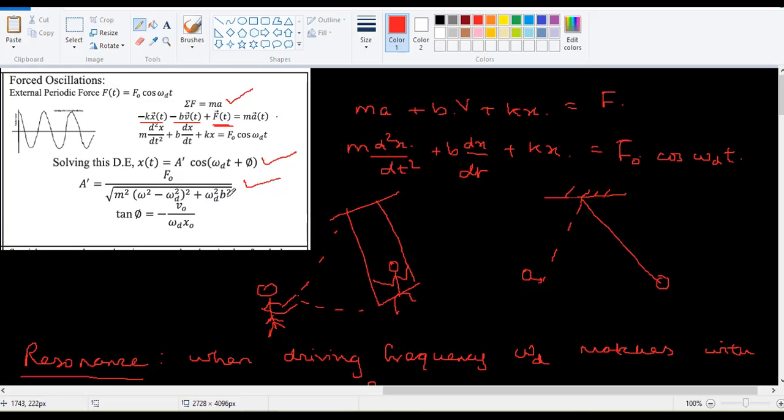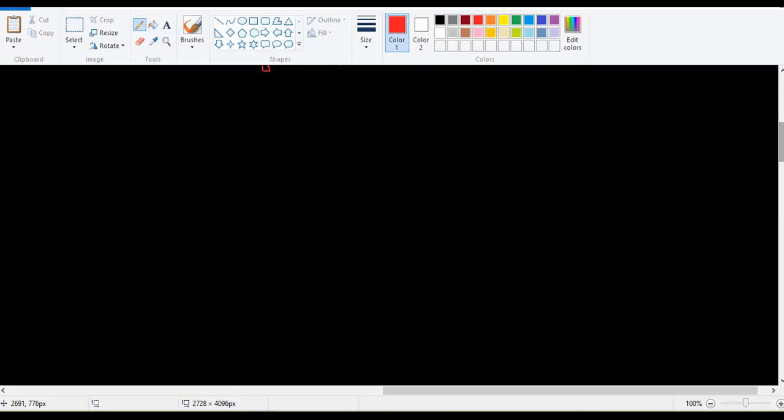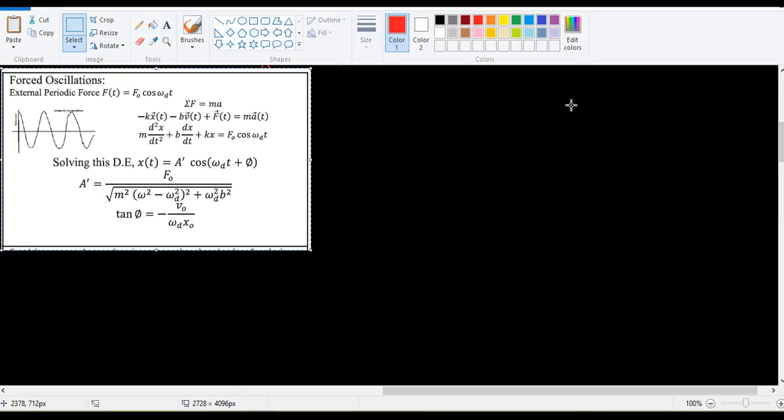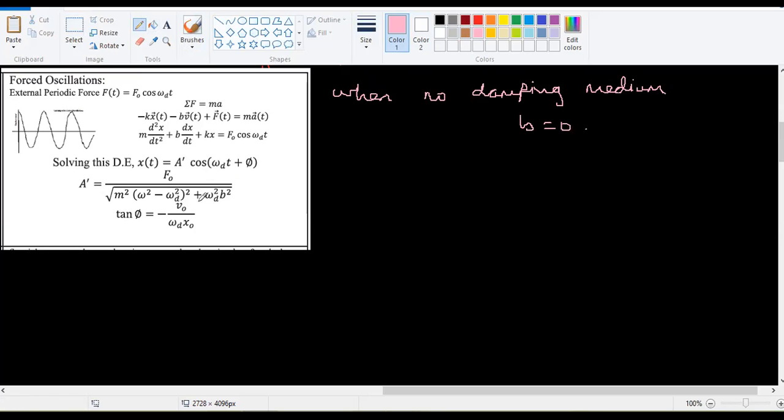So when the damping is 0, what will happen? When b is equal to 0, this entire term will go away.